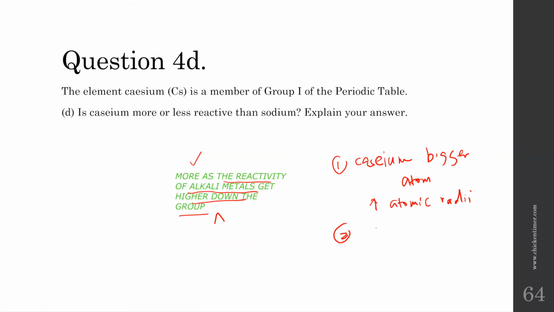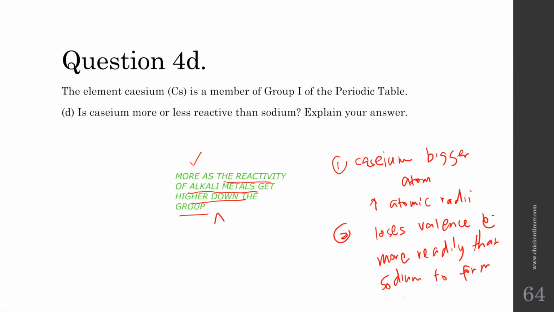Then it loses valence electrons more readily than sodium to form a positive ion. So therefore, Cs is a more reactive metal. If this is for explanation.